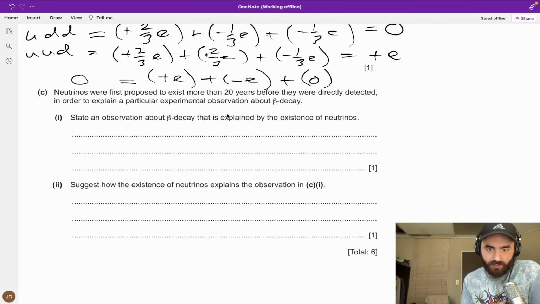Neutrinos were first proposed to exist more than 20 years ago. State an observation about beta decay that is explained by the existence of neutrinos.